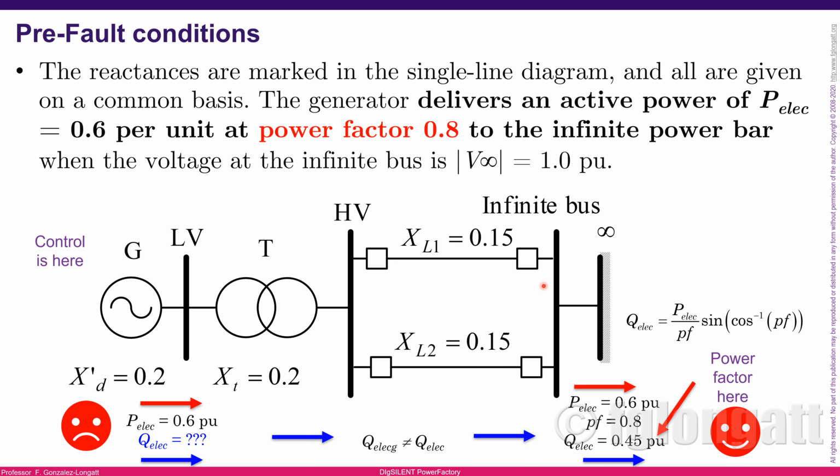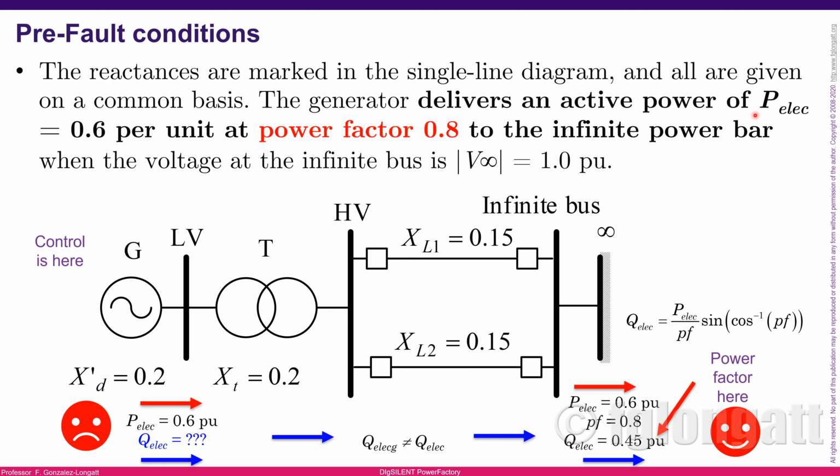And if you remember, there is a statement that says the pre-fault or pre-contingency condition is a steady state condition. That is clear for everyone here, and the main information that we need to take care of is the generator. This generator here, G, delivers an active power of P-elect 0.6 per unit at power factor 0.8 to the infinity bus bar, okay?